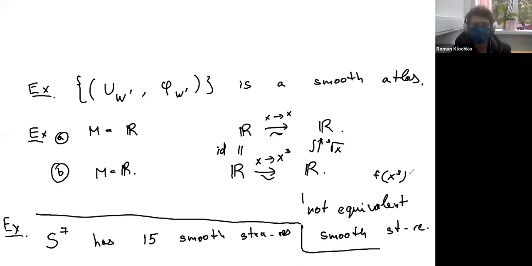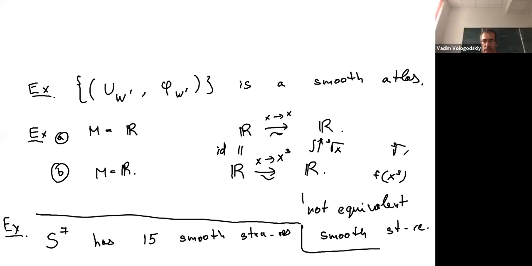For example, the function cube root of x does not have even the first derivative at 0. But if you substitute x cubed, it becomes x, so it's smooth with respect to the second structure.